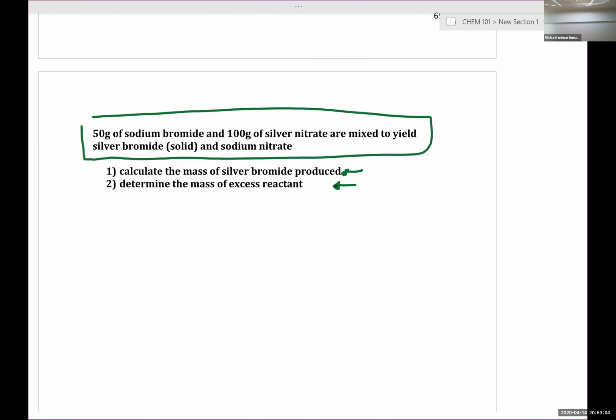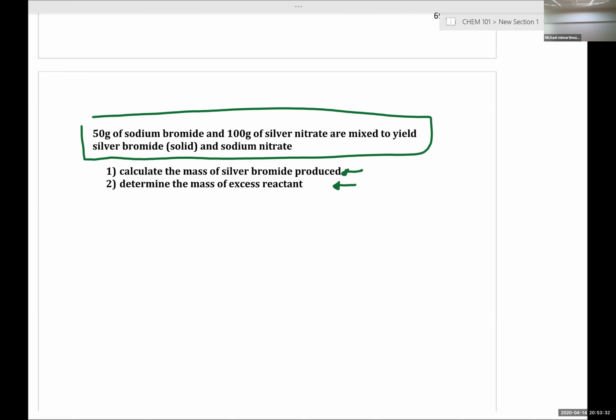So you'd need to be able to write a balanced equation, and then perform stoichiometry to identify the limiting reactant, calculate the mass of product, and then tell me how much excess reactant is left over.